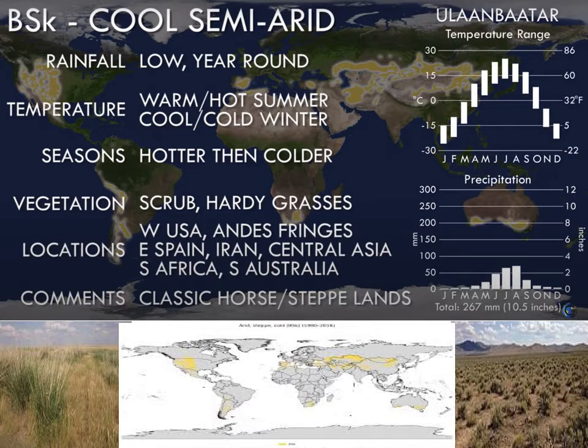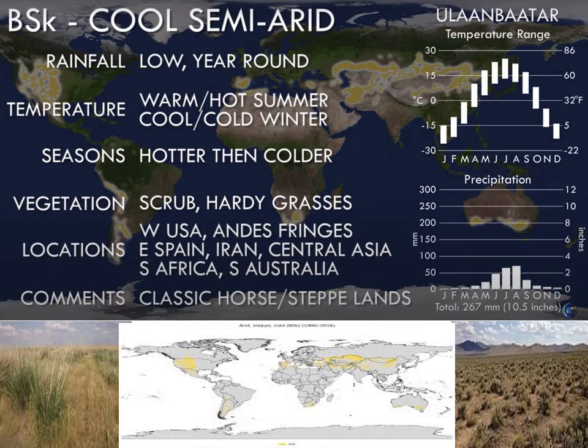Then BSK, cool semi-arid zones. It is like the cool desert, but with more rain, but not enough to be classified as temperate or continental. So it's also very difficult to sustain livelihood there.